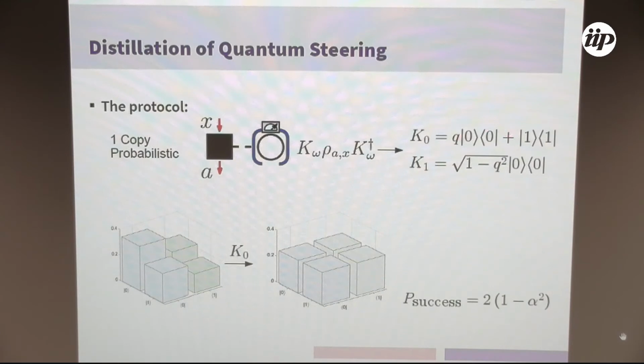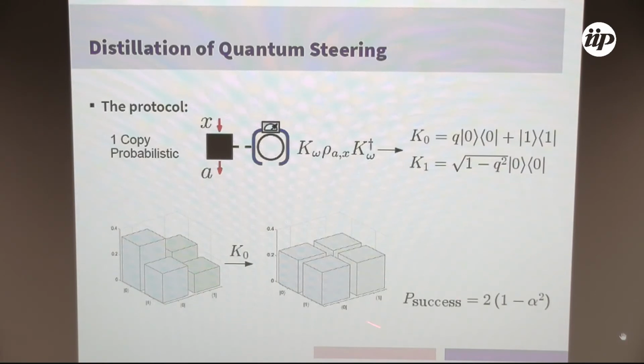On the counterpart, since this is a free operation, I cannot create steering out of nowhere. This other outcome completely destroys the correlation between the states. So with this operation, we can either obtain a state that is maximally correlated within its class, or I destroy the state with this other outcome.